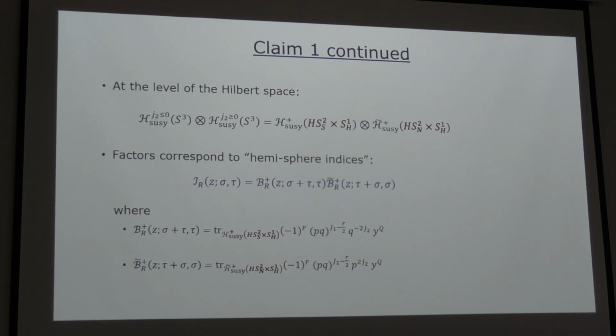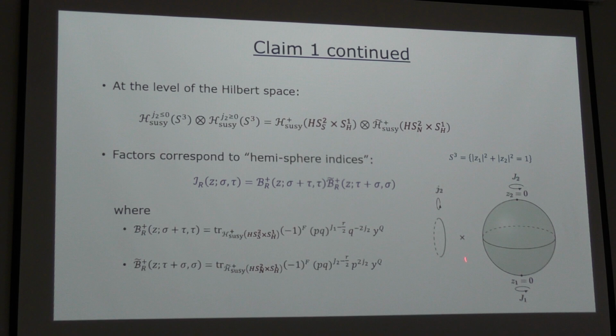Okay, and then to Abhijit's question. When I actually calculate the traces, the fact that this Hopf fibration is non-trivial is reflected in the fact that the way these traces are weighted is by different charges.